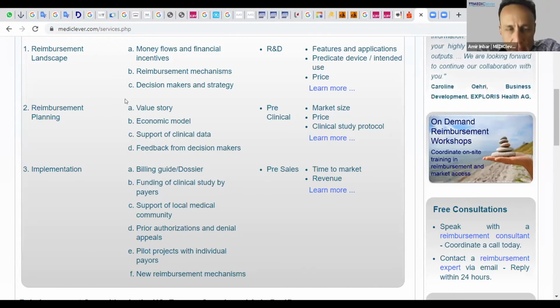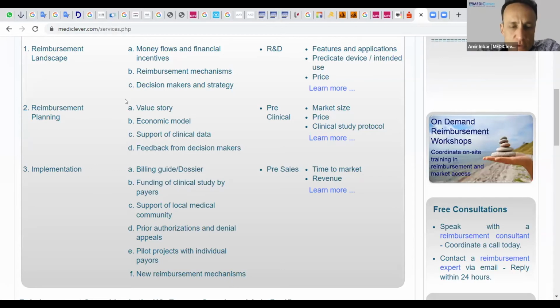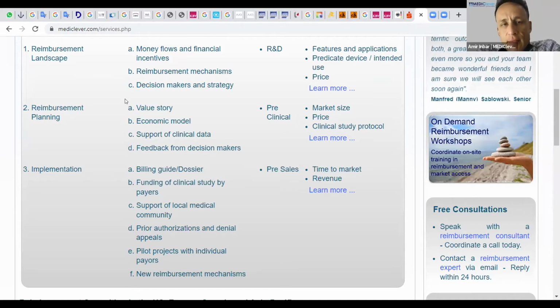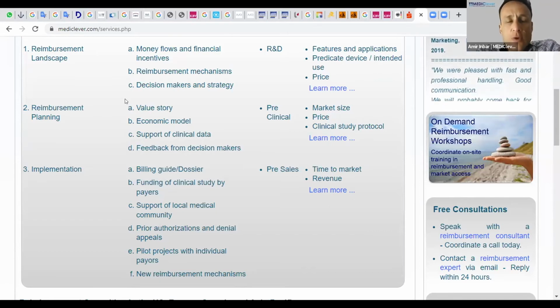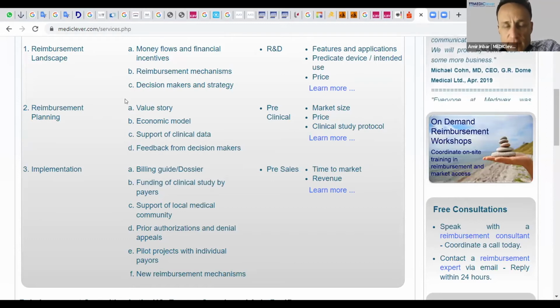But as you correctly indicated, Arie, it's very important to make sure that your regulatory and reimbursement strategies are aligned. We've had some cases in the past where the regulatory strategy actually prevented us from obtaining reimbursement, and our client needed to go back to the FDA and change the wording on their FDA clearance in order to allow payers to cover the same product and reimburse it.